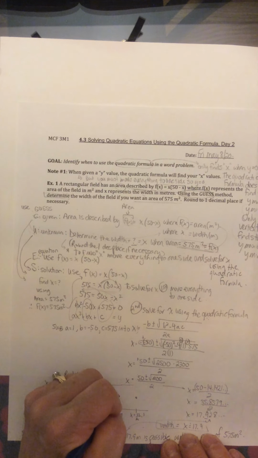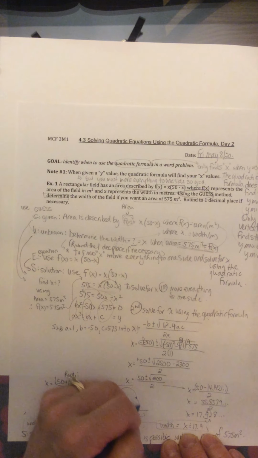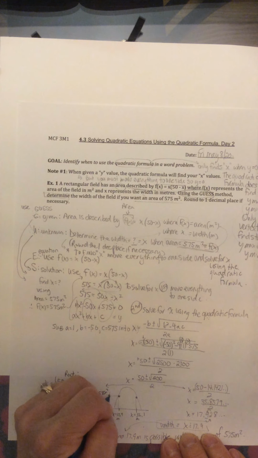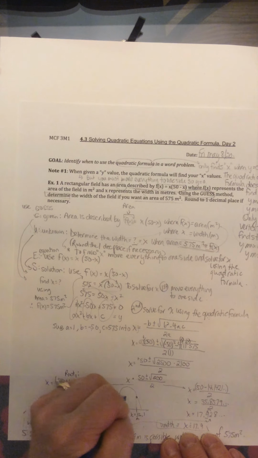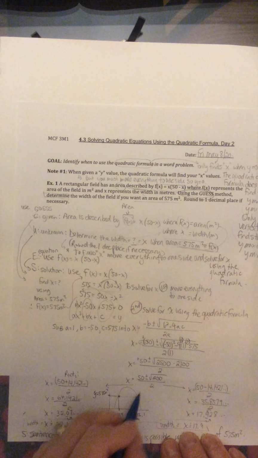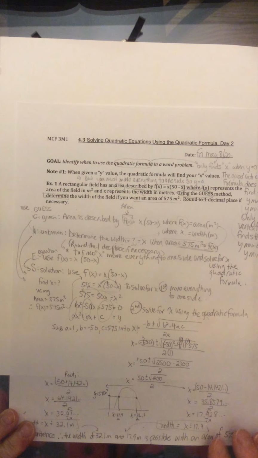So the parabola comes up like this and down like this. So at the 2 widths, it will both have a height, in terms of the parabola, of 575 meters squared, because we're talking about width influencing area on a parabola. Okay, now it's your turn to try your best.